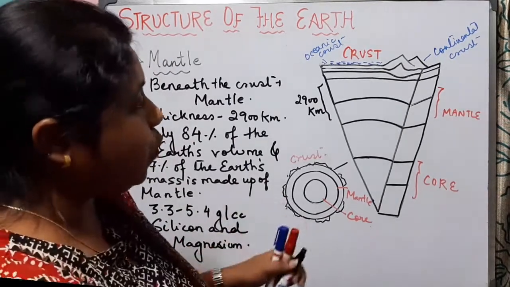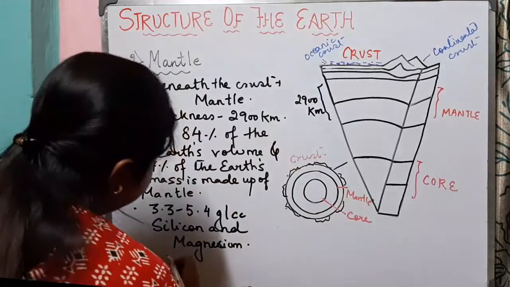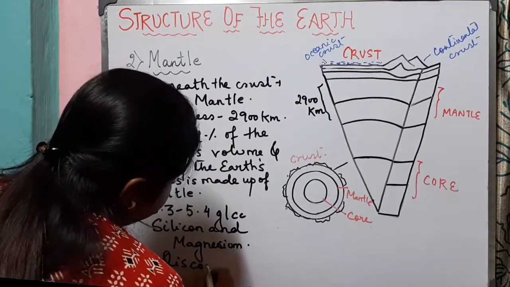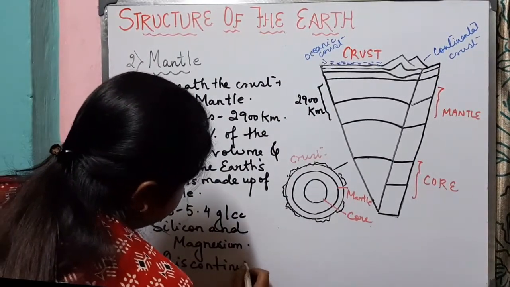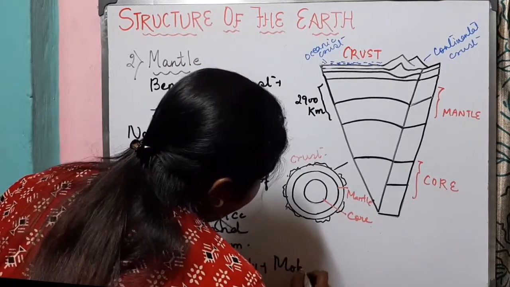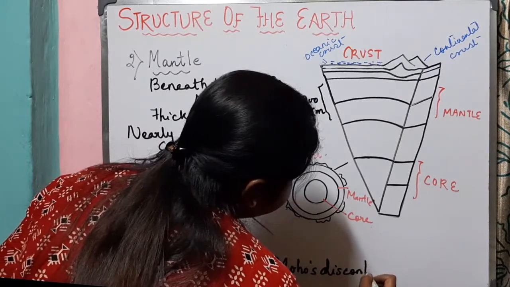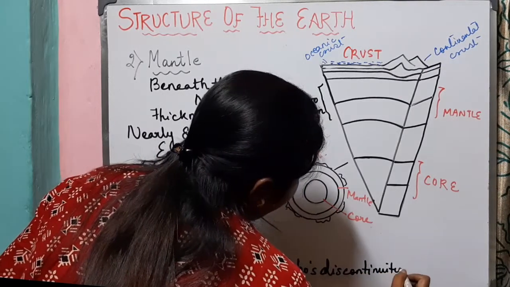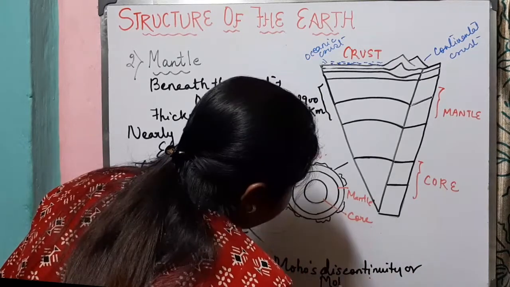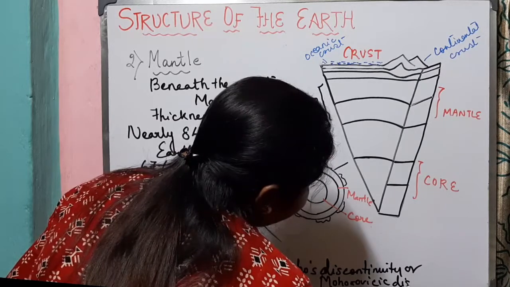Now, the discontinuity that separates the crust from the mantle is referred to as the Moho discontinuity or Mohorovicic discontinuity.